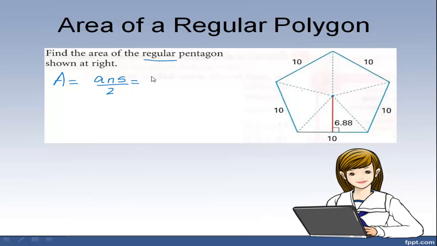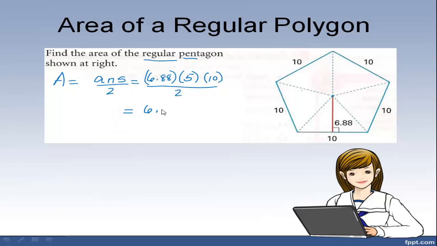It's 6.88 times n. Remember, n is the number of sides. Since this is a pentagon, this has 5 sides. And s is what each side measures, and it tells you here that each side measures 10. And then we divide everything by 2. Okay, so there's your area.